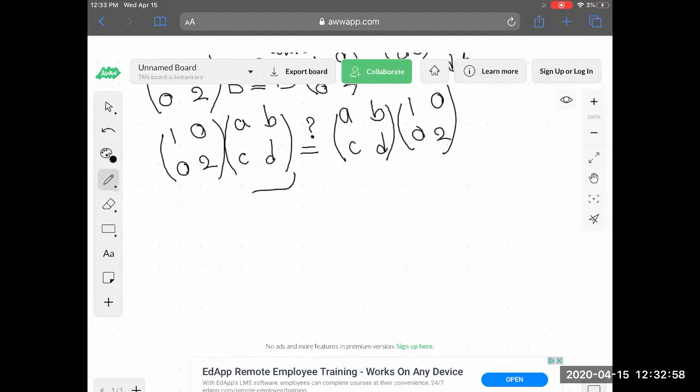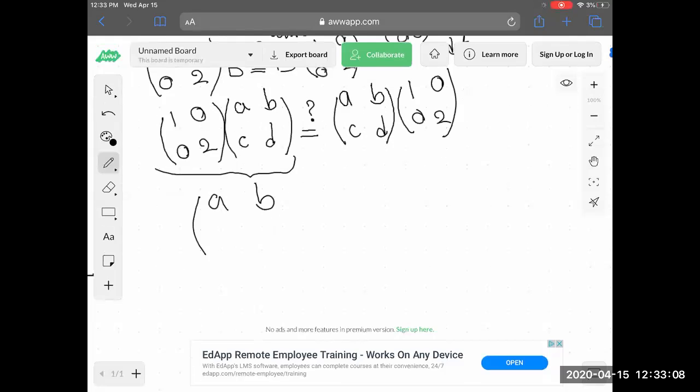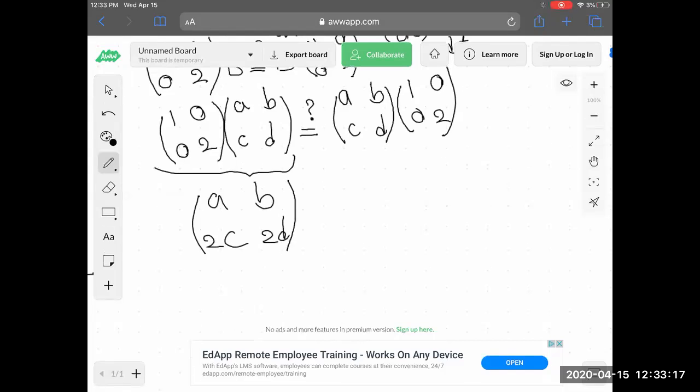Let's compute the left-hand side. This multiplication is equal to 1 times A plus 0 times C, 1 times B plus 0 times D, 0 times A plus 2 times C, and 0 times B plus 2 times D. What about the right-hand side?